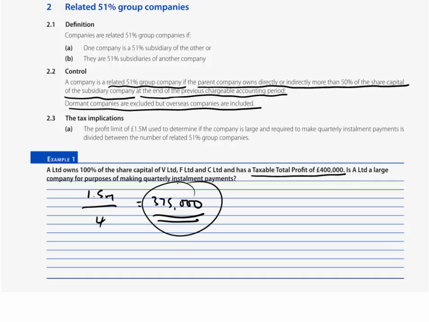Although no quarterly instalment payments were required for this period, they may then be required for the next accounting period. And they will be required for the next accounting period if we're estimating, of course, that our profits will be in excess of the profit limit for that period. If so, then for that period the quarterly instalment payments would fall due, and we'll have to start paying that period's tax from the 14th day of the 7th month from the start of the accounting period.